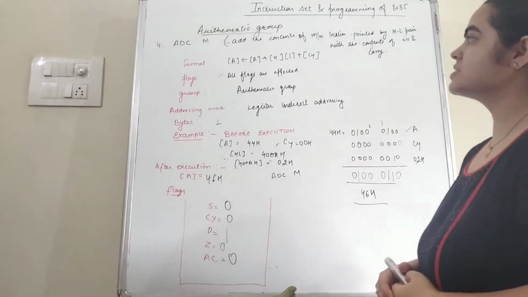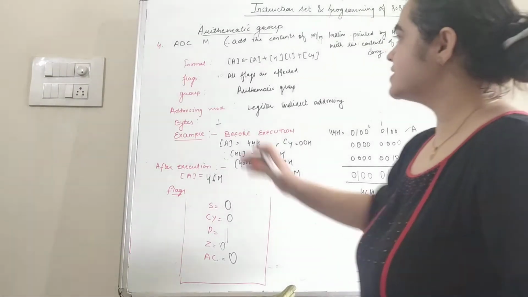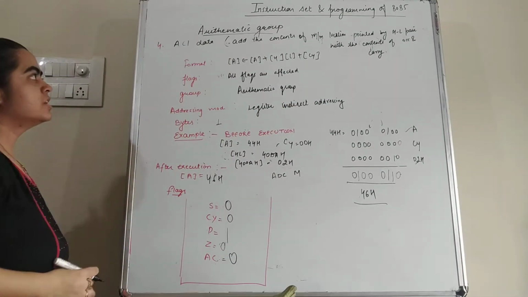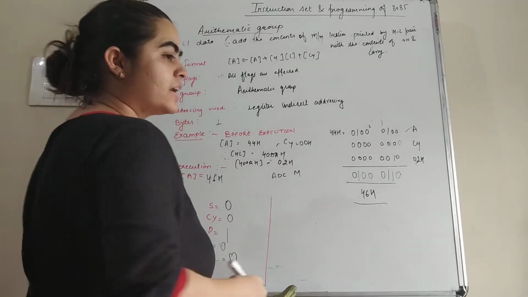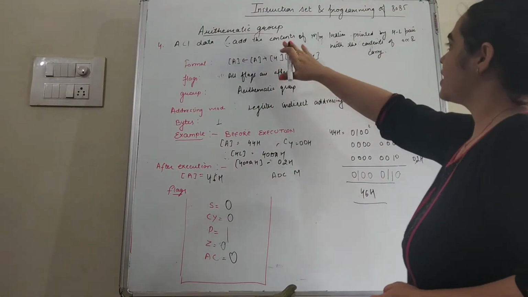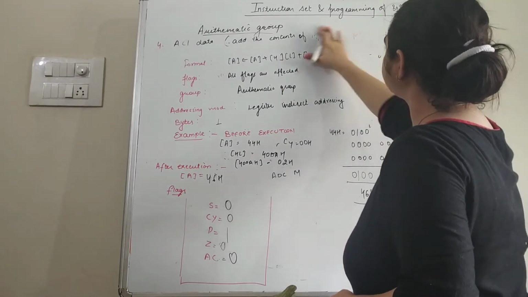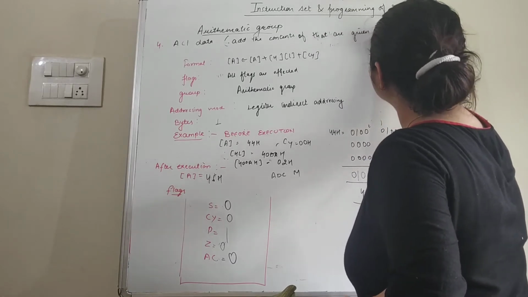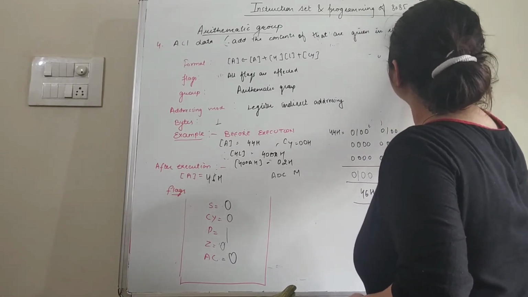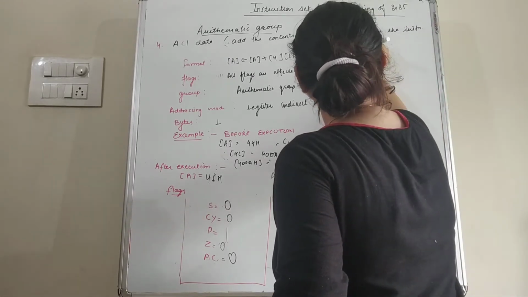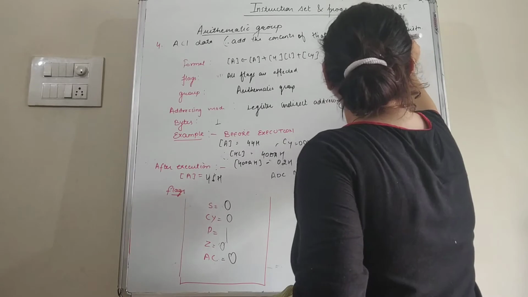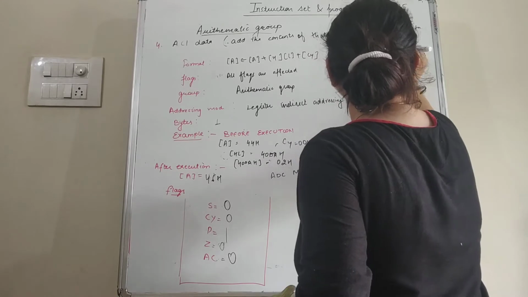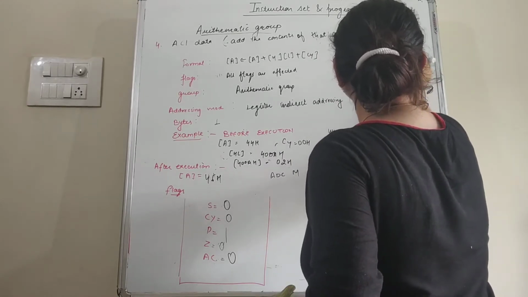So students, the next instruction is ACI data. ACI data means we can add the contents that are given immediately in the instruction with the contents of the accumulator and the carry flag.